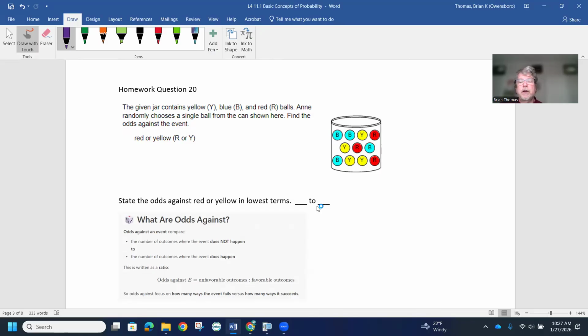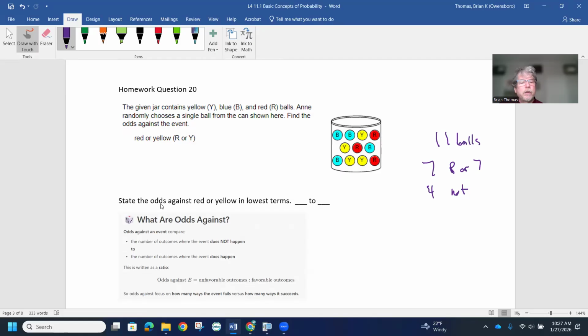So it looks like we still have 11 balls in here. So red or yellow is what we're looking for. So there's 1, 2, 3, 4 yellow and 3 red. So there's 7 that are red or yellow. That means there's got to be what, 4 that are not. So 4 that are not red or yellow.